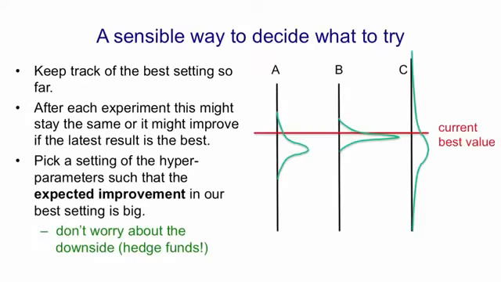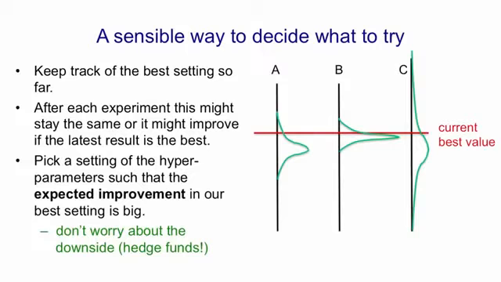So consider these three predictions, A, B, and C. We're going to suppose that A, B, and C are different settings of the hyperparameters that have not yet been tried, and those green Gaussians are the predictions of our Gaussian process model for how well each of those settings would do. For setting A, the mean is well below our current best so far, and there's only moderate variance.